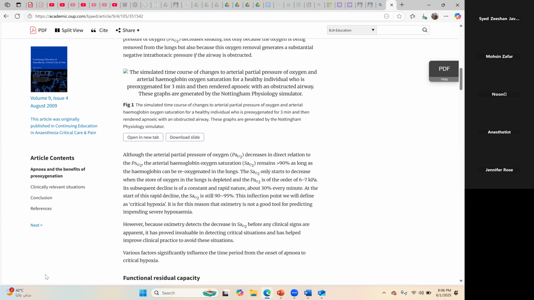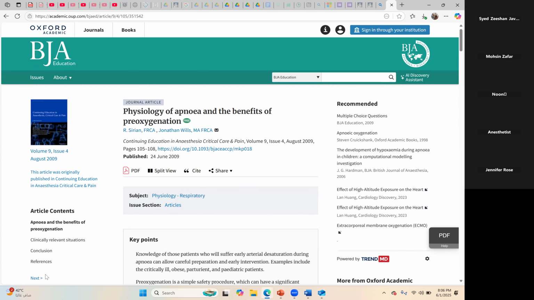So this is the concept of apneic oxygenation. This is in BJ Education, you can read about it. In one lung ventilation, when we are giving oxygen to the non-ventilated lung, that is actually apneic oxygenation.